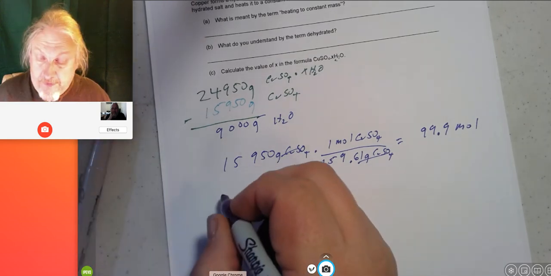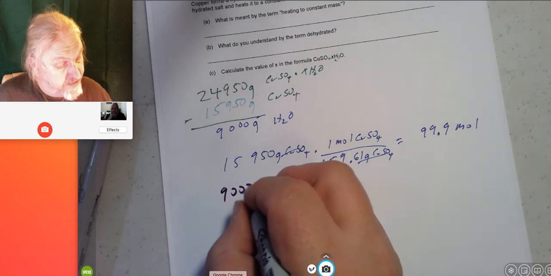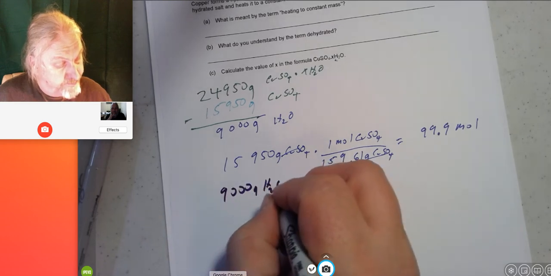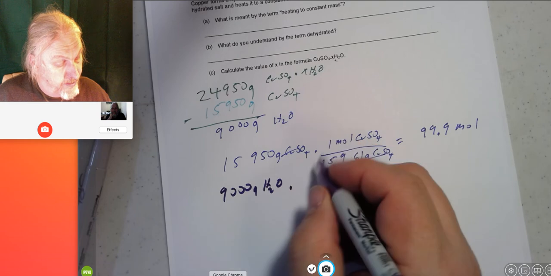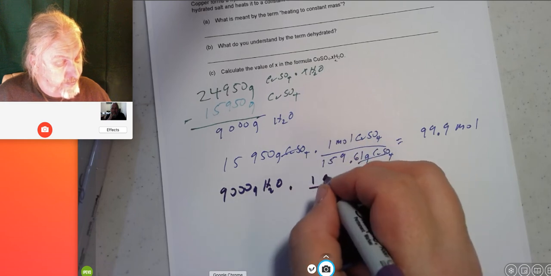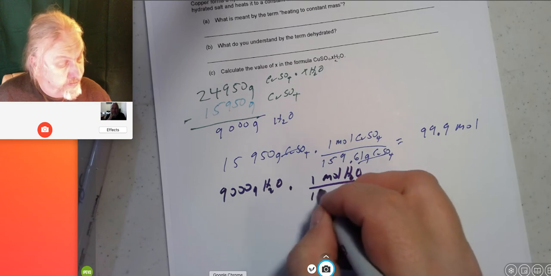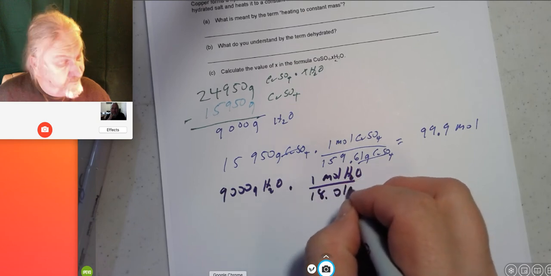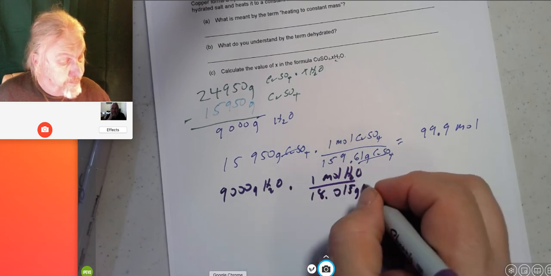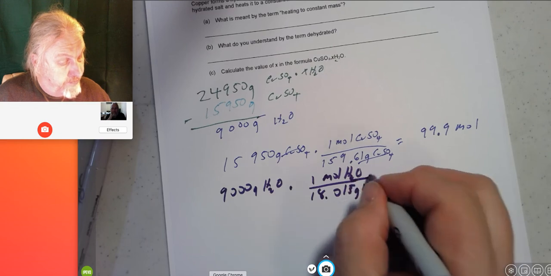We'll do purple. So I have 9,000 grams of H2O. The gram molecular weight of water, 1 mole of H2O, is 18.015 grams. Some of y'all might be memorizing that. I don't know. We do enough with the water.